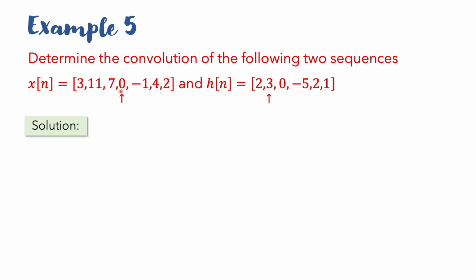So here it is 0, this one is at -1, -2 and -3. This is 0 and this is -1. So you have to consider this while performing any of the previous procedures that we have used to calculate our convolution sum. Okay, and this is an exercise for you. You have to do it yourself.